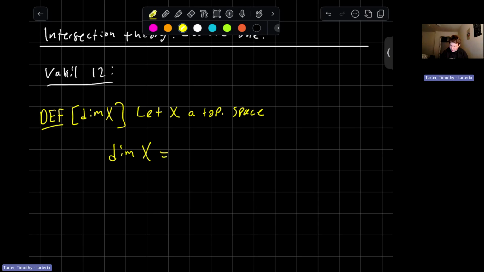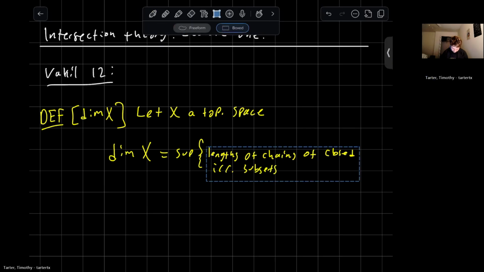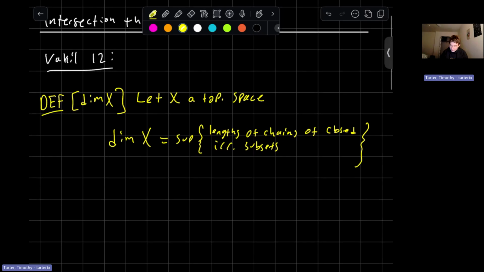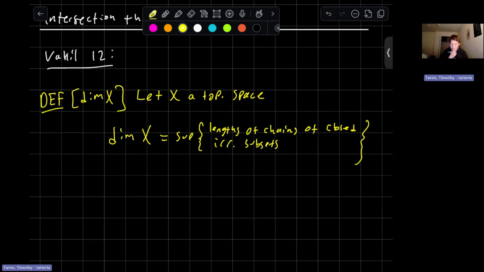Dim X is the supremum of lengths of chains of closed irreducible subsets, AKA varieties. Scholars of the empty set can take the dimension of the empty set to be minus infinity.